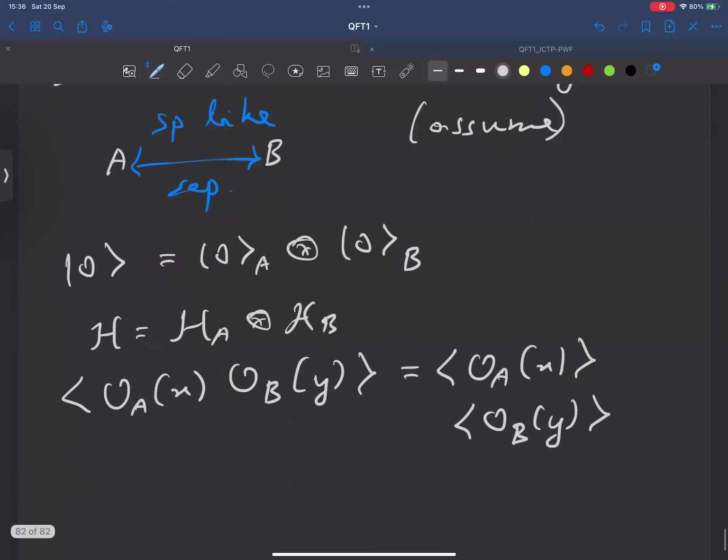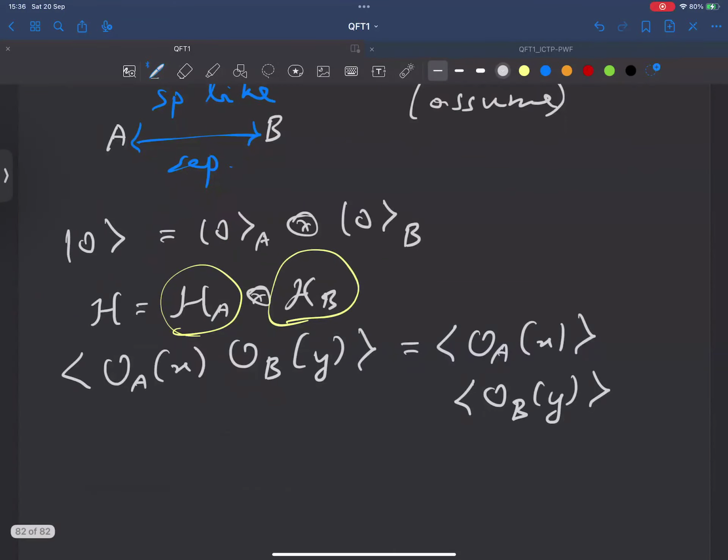And that's because everything, like your vacuum and all your states, factorize nicely into things that live in H_A and things that live in H_B, and they don't talk to each other. These are mutually independent things.